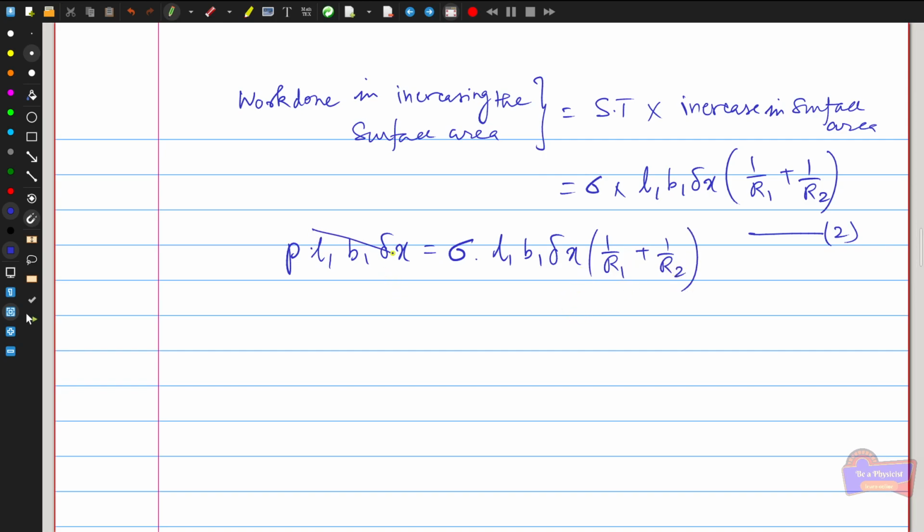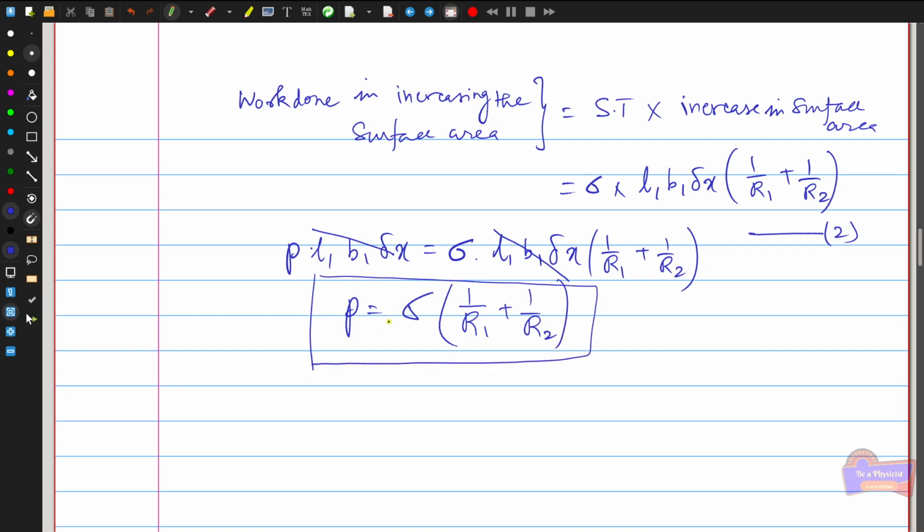Here L1 B1 delta x on the left and right hand sides will cancel, so that the excess pressure can be given as sigma into 1 divided by R1 plus 1 divided by R2. So this is the excess pressure inside the curved liquid surface.